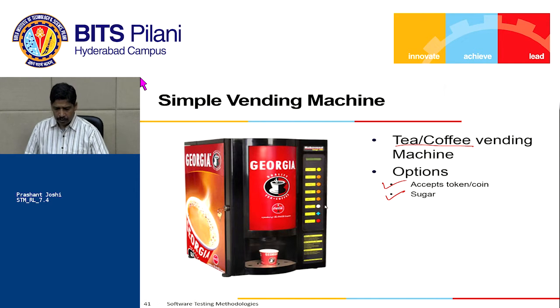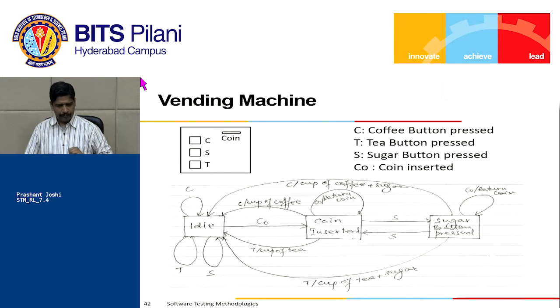Okay, so let's do this. I'm going to get rid of all the markings, and we've already come up with a particular state machine. We have seen this earlier. Now let's build on this. So what do we have?